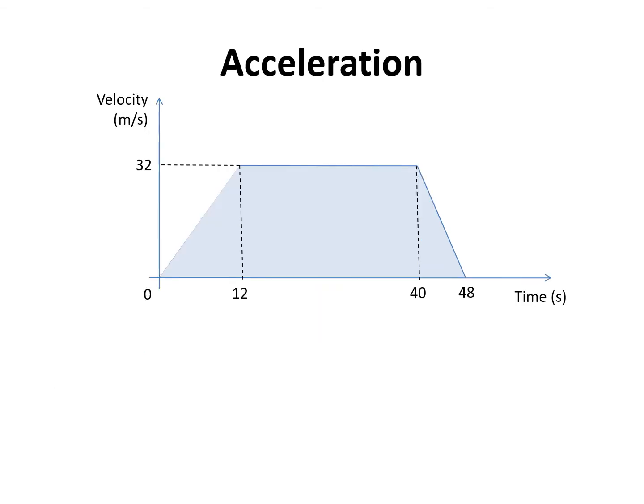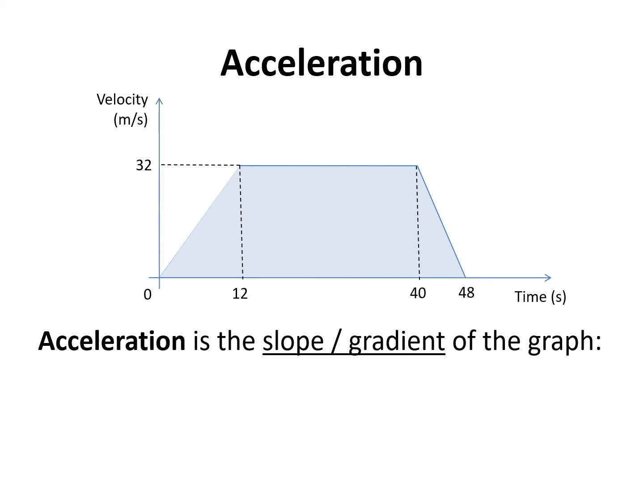So here's the same graph again. Remember, the acceleration on this graph is the slope of the graph. Now, to work out the gradient, we did this back in the first assignment. You basically have to use the formula: the gradient is the change in the y values divided by the change in the x values.